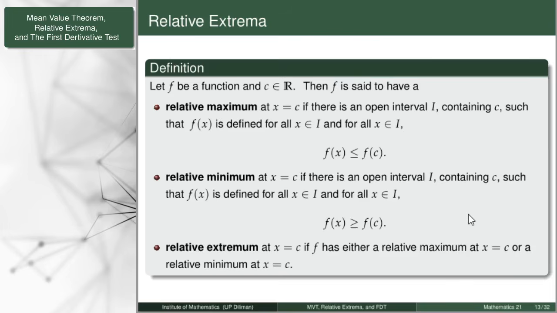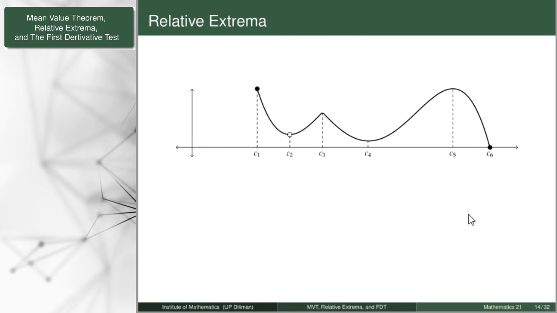Now this is best described through a graph, so let's have the following demonstration. I have the following function f, which is defined only from c1 to c6. You're not defined at c2, but you're defined on every single point from c1 to c6. So what is a relative maximum?